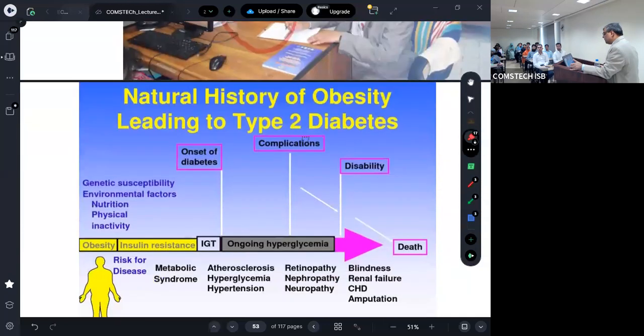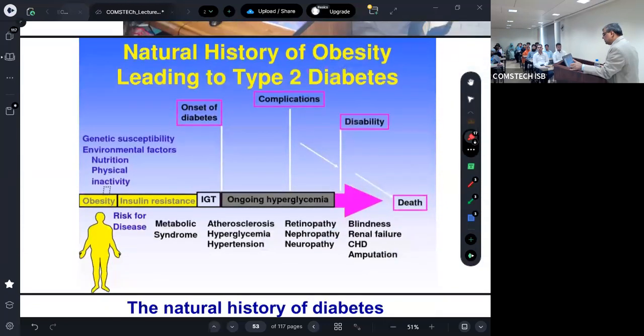Okay, the test, blood glucose test, OGTT test. As I told you, this is the natural history of diabetes. Initially, in the case of obese diabetes, what happens in obesity? Initially obese people are at risk for diabetes. They develop insulin resistance, then impaired glucose tolerance, then diabetes, then diabetic complications.